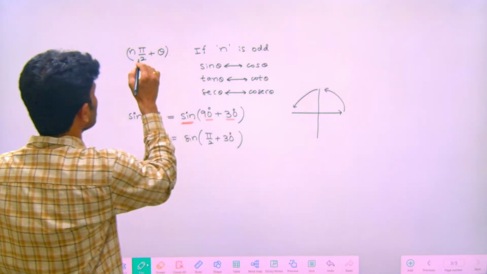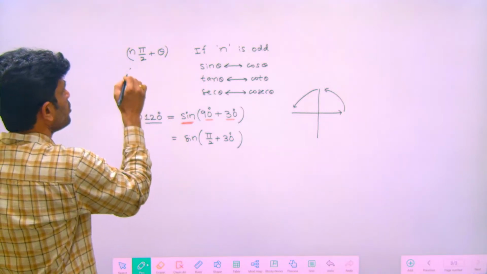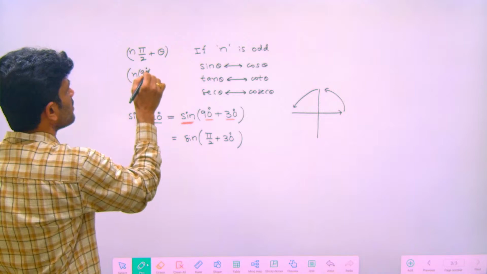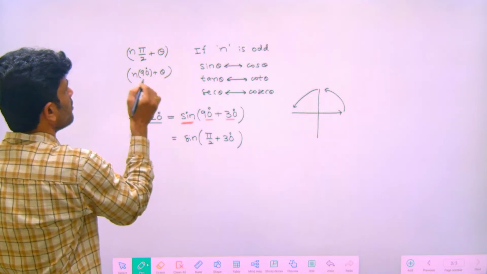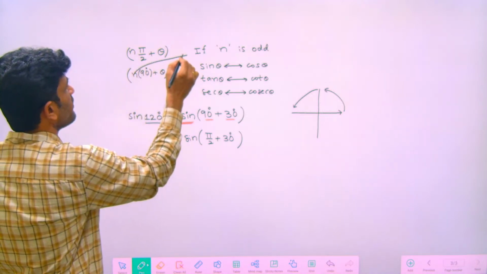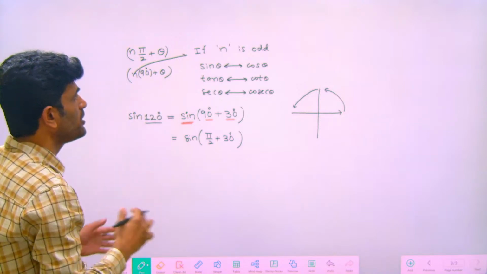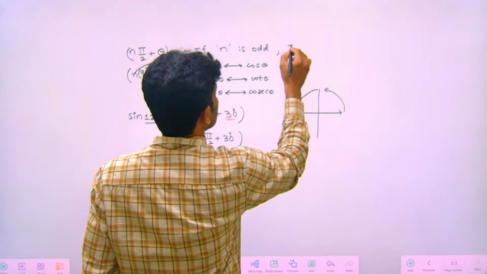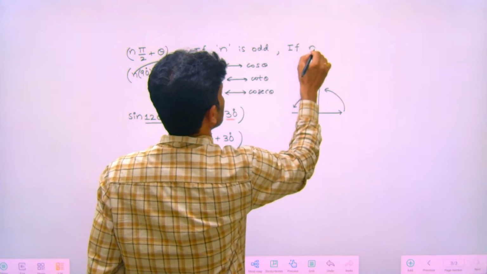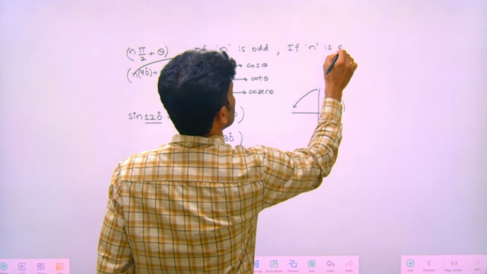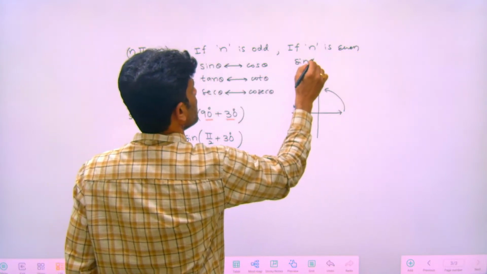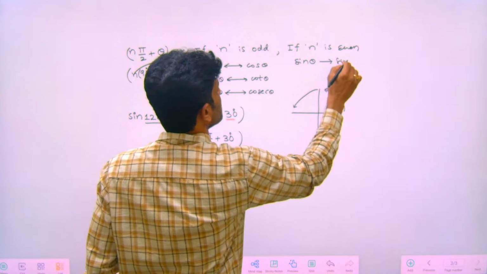Or you can also remember this if you have any confusion. You can remember n into 90 degrees plus theta. If n is an odd number, the ratio will be changed. If n is even, the sine remains sine, there will be no change.